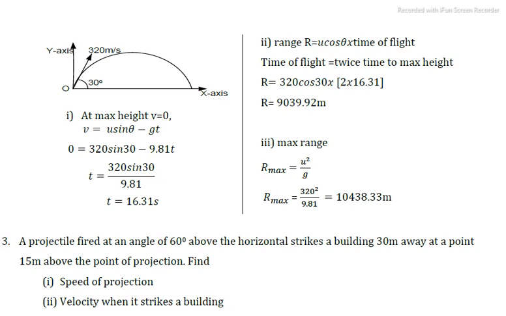So if sine 2 theta equals 1, then from our formula for range, u squared sine 2 theta over g, we shall substitute sine 2 theta with a 1, which leaves us with u squared over g. We have u, we have g, so we divide to get the maximum range.